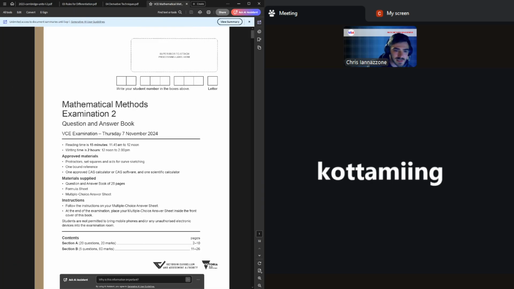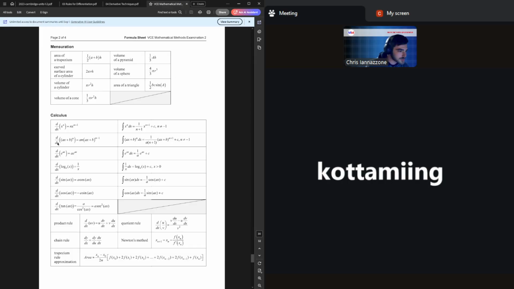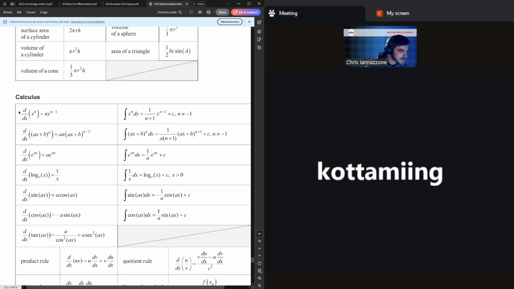Whether it's exam one or exam two, it'll be the exact same thing. You get this formula sheet here, which you'll notice has those things that I just discussed on this left hand side. Now they put some a terms in there. These are little chain rules they've solved ahead of time for you. That was the last thing we had a look at before we did the breakout rooms. When you have anything other than just x in the brackets, you do things a little bit differently.